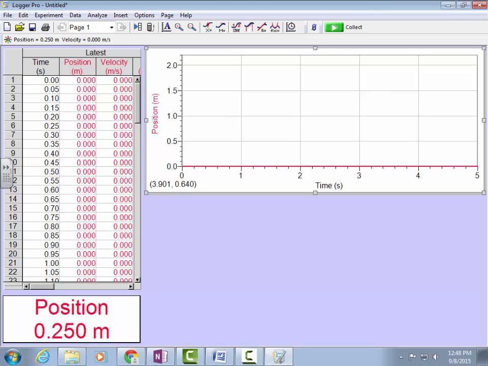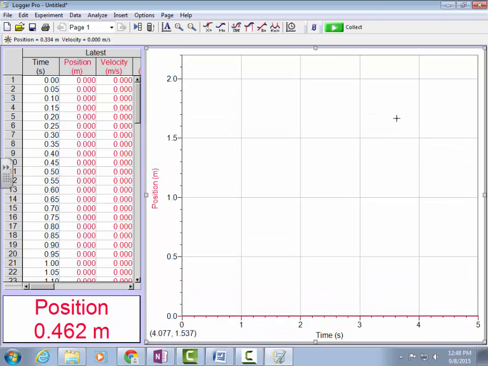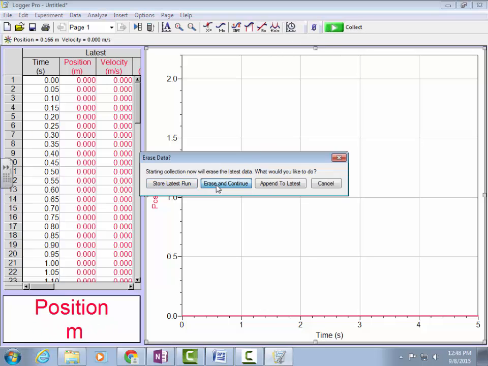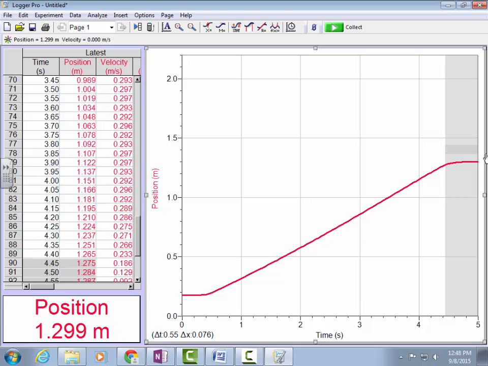I would just want to enlarge this across the entire window. There we go. And here we are. Physics works. So let me erase the data points that don't correspond to the motion.